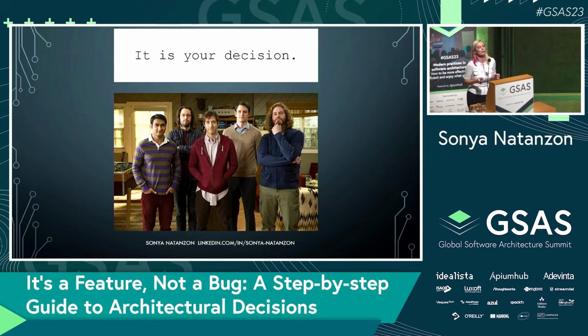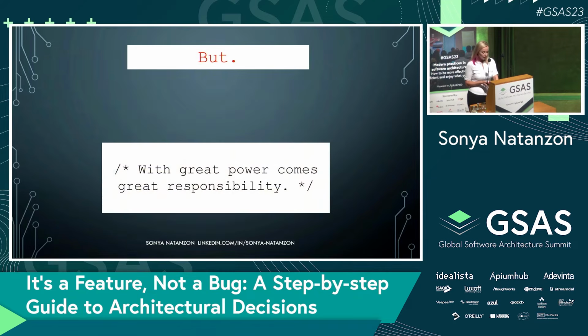Your organization empowered you to make that decision, or maybe you're that accidental architect and it fell in your lap, but regardless, this is your responsibility to make that decision. But of course, those decisions are fraught with consequences, and you're accountable for that decision and its consequences.